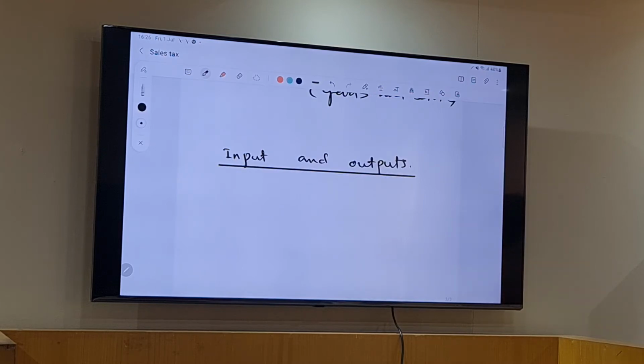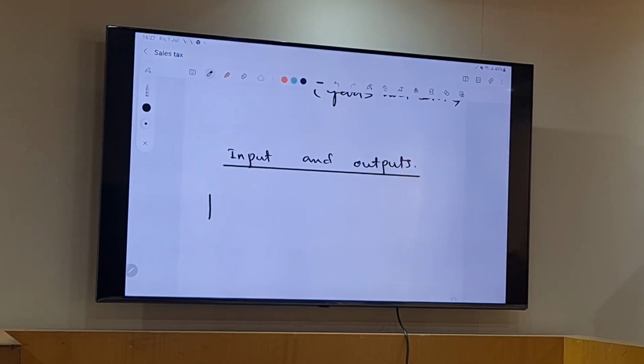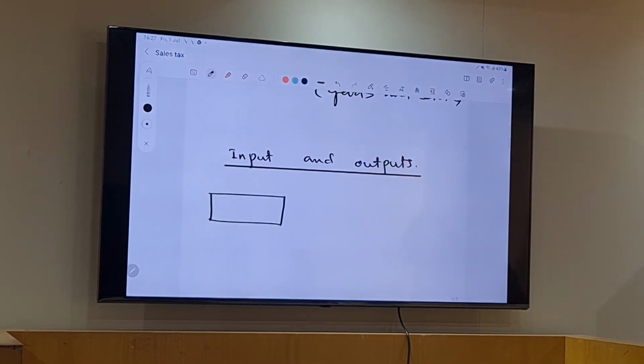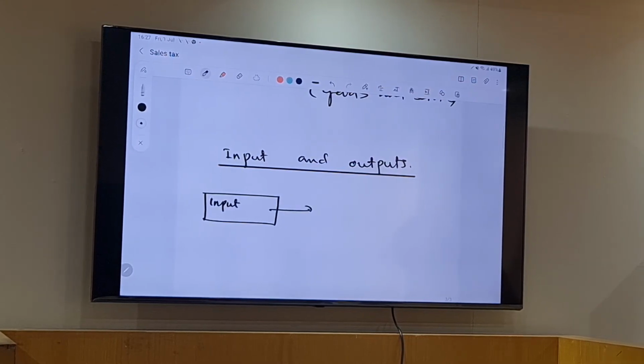input and output. Let's say we have, okay, anyway, now, this diagram you will have come across before.